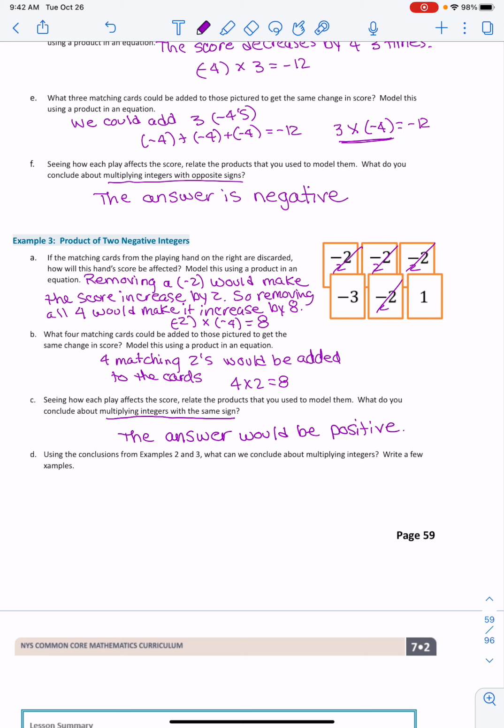So using the conclusions from examples 2 and 3, what could you conclude about multiplying integers? Well, what we can conclude then would be integers with the same signs, the answer is positive.